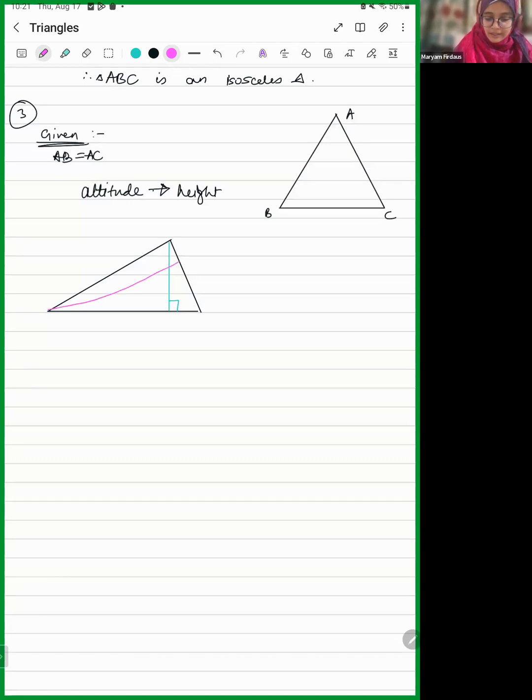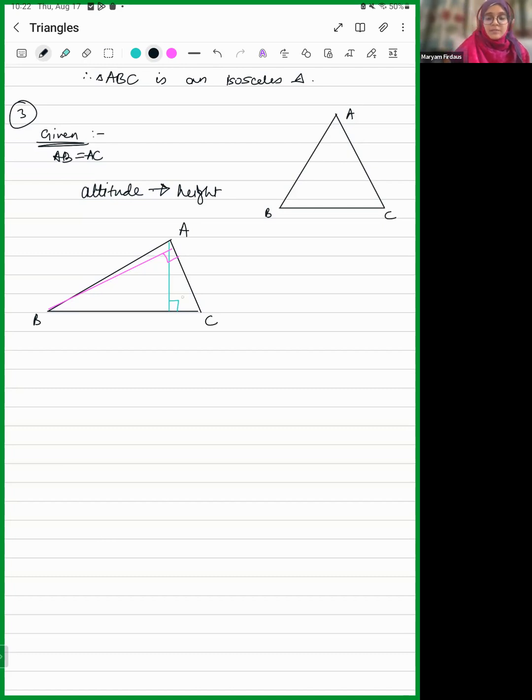Let's say this does not exactly look like 90, but it's going to be somewhat like this. So this is also 90 degrees. So the pink altitude, let me write it over here, A, B, C. Pay close attention. The pink altitude is an altitude corresponding to base AC.